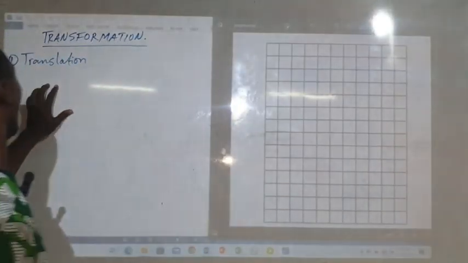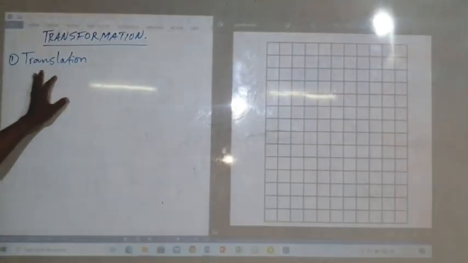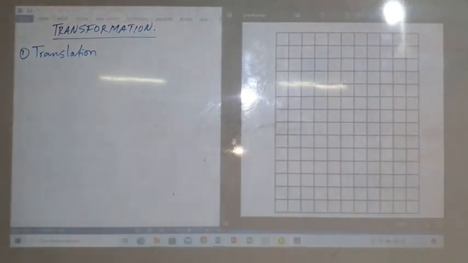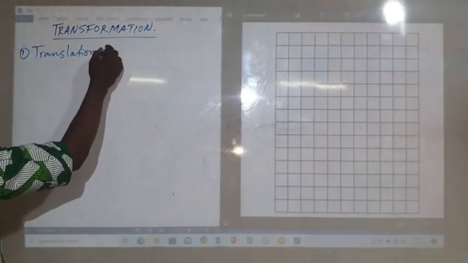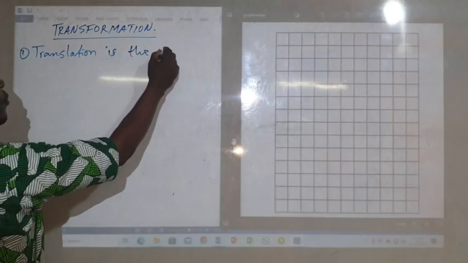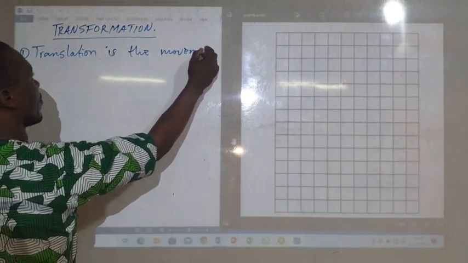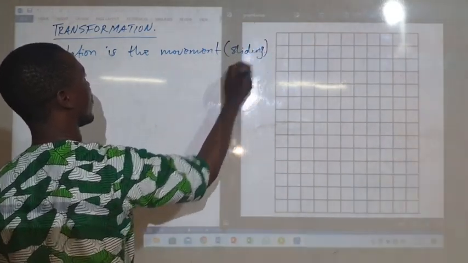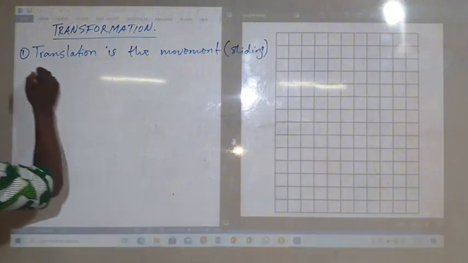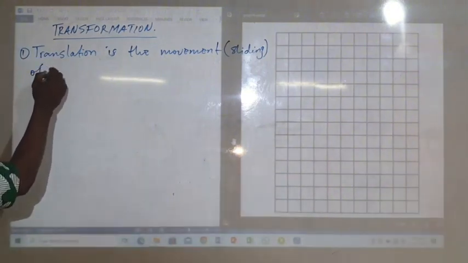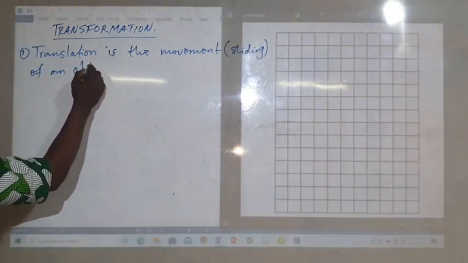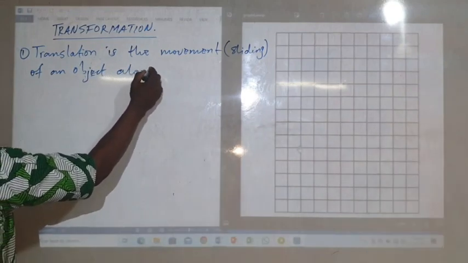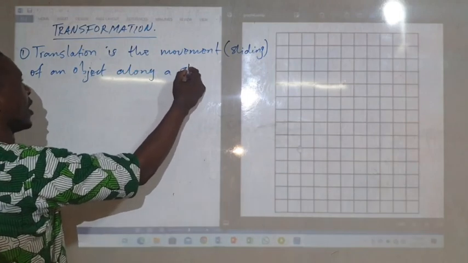As I've explained, translation is the sliding or movement of an object along a straight line.